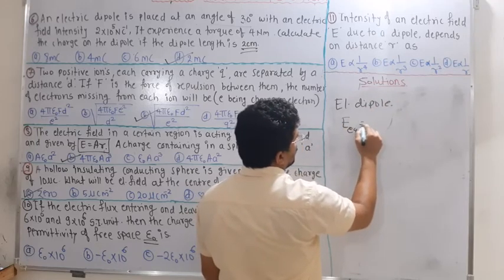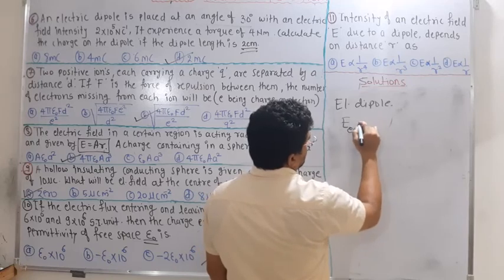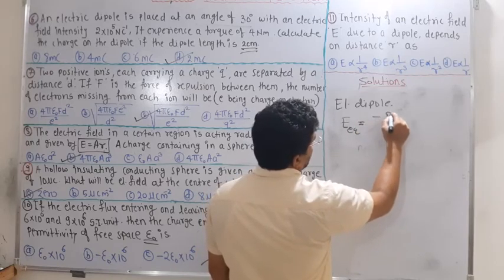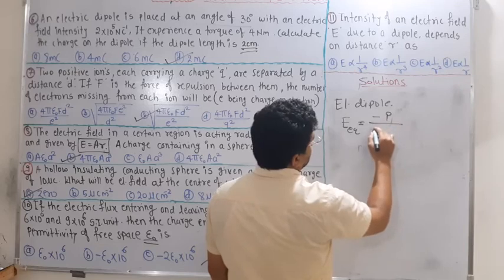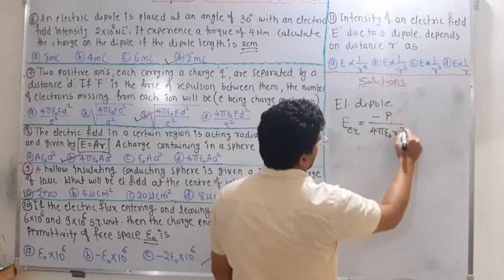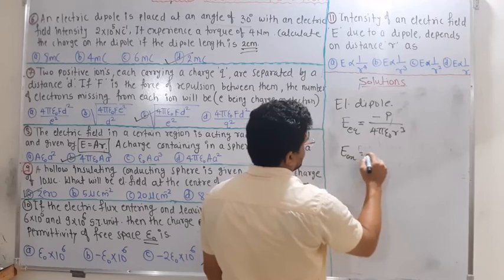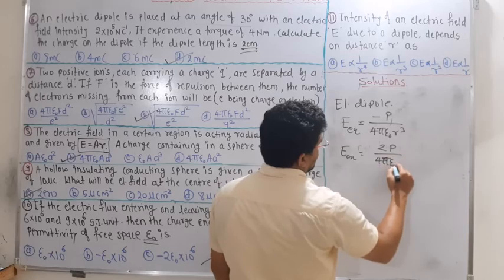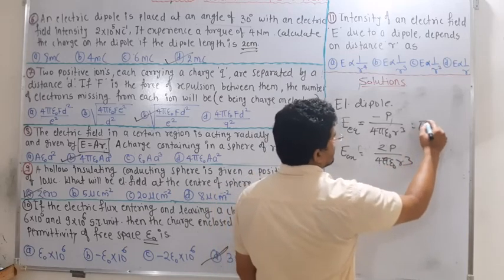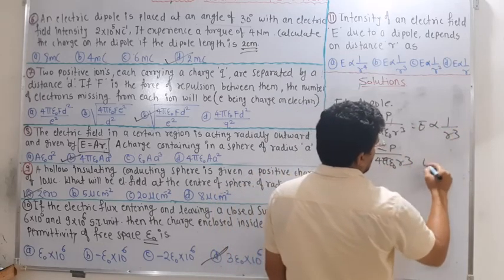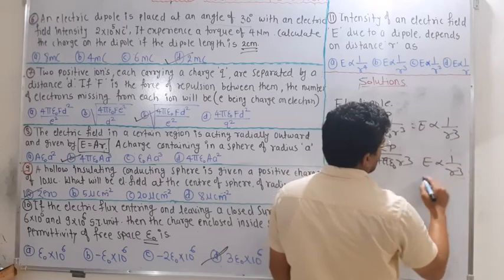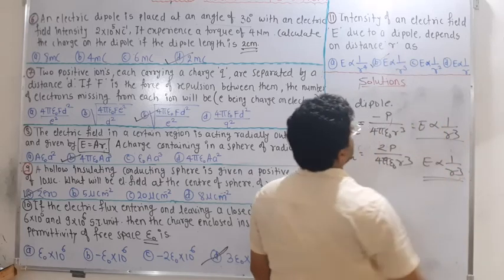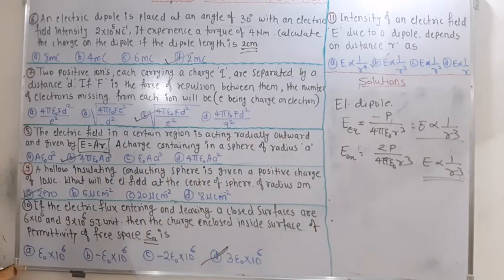E equatorial is minus P divided by 4 pi epsilon naught r cube, and E axial is 2p divided by 4 pi epsilon naught r cube. So in both the cases, E is inversely proportional to r cube. So option B is correct. Okay, so these are some questions. Just have a look and rewind the videos and see all the solutions once again.